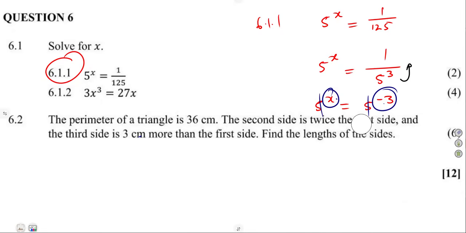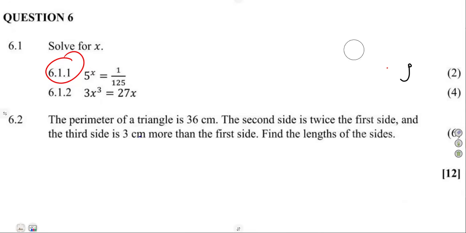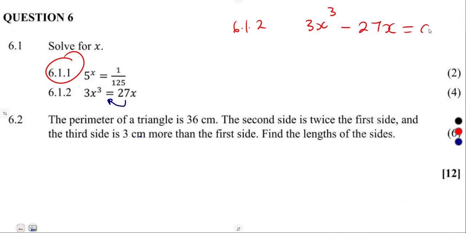All right. Considering another question, in this case here, we can consider taking the 27x to the other side of the equation. So it is going to be written as 3x cubed minus 27x is equal to 0, so that we can properly factorize, considering the highest common factor, as we have got two terms.